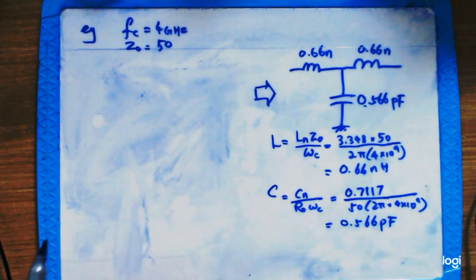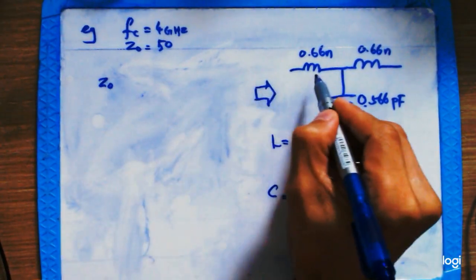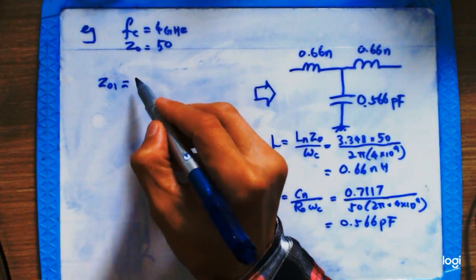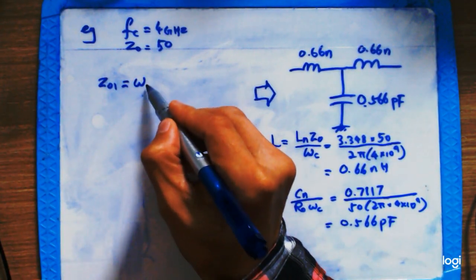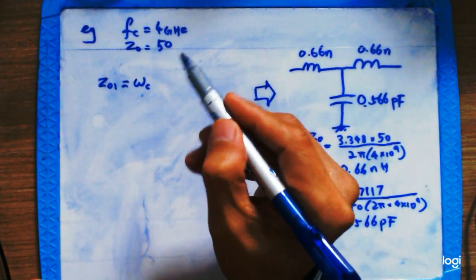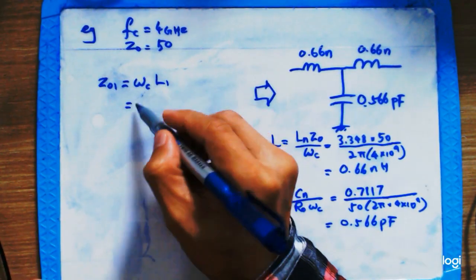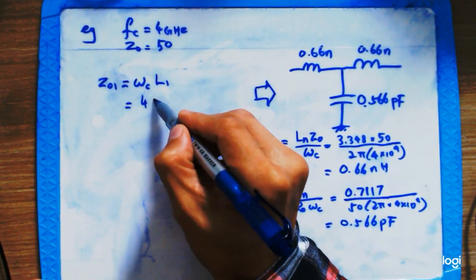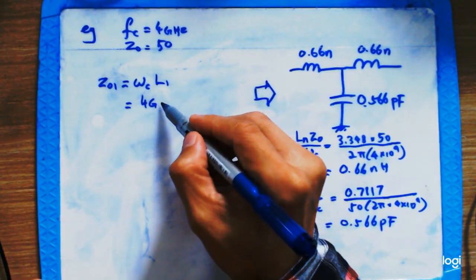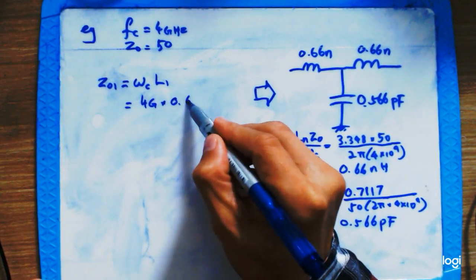So in this case, V naught for the inductor will be equal to omega cutoff, 4 giga, times 0.66 length.